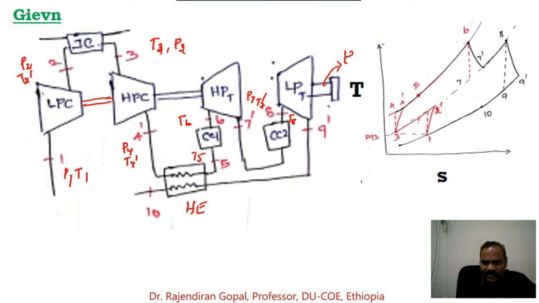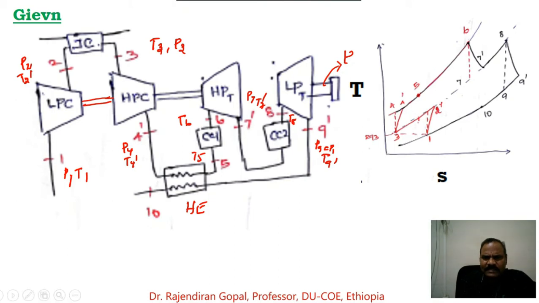Then the gases are expanded to state point 9, where the pressure P9 is equal to P1 and the temperature is T9 dash. This exhaust gas from the low pressure turbine passes through the heat exchanger, where it transfers some amount of heat to the incoming air from the high pressure compressor.